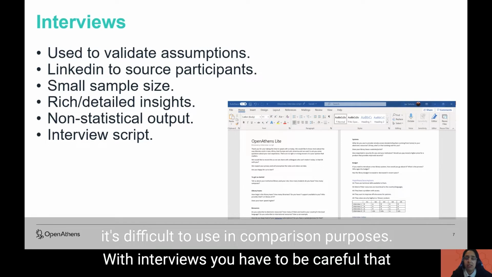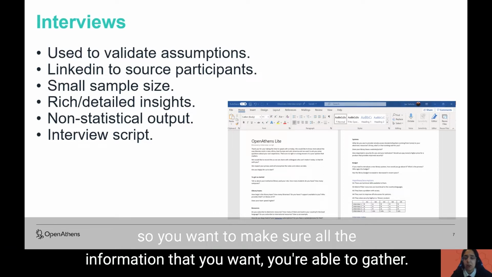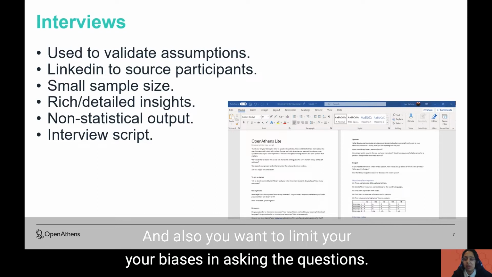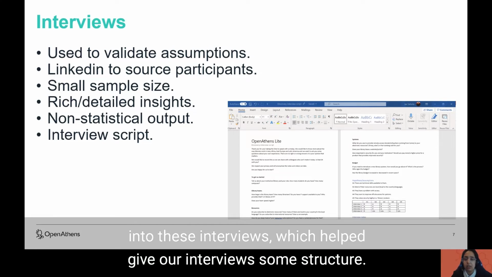And with interviews, you have to be careful that you have a limited time, so you want to make sure all the information that you want, you're able to gather, and also you want to limit your biases in asking the question. So we created an interview guide before going into these interviews, which helped give our interviews some structure.